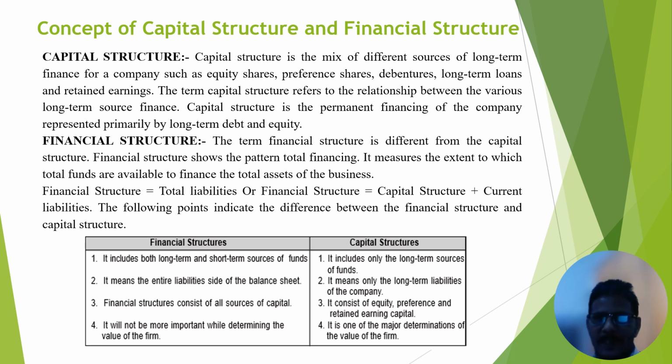So it measures the extent to which total funds are available to finance the total assets of the business. In formula terms, we consider total liabilities here. Or the financial structure means capital structure plus current liabilities. Under this we add current liabilities also.